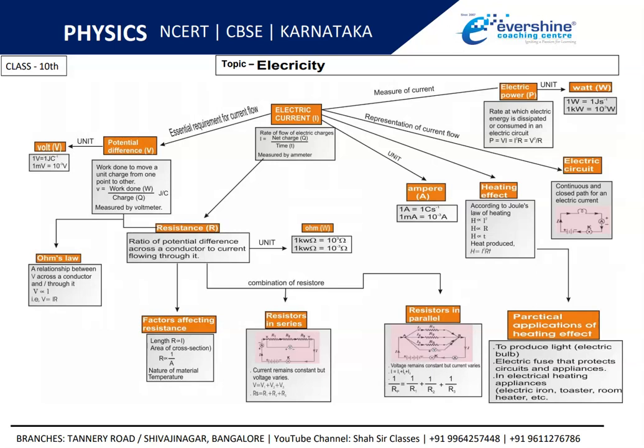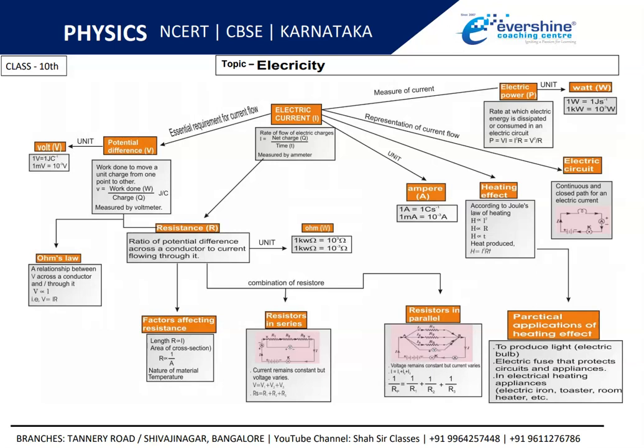Then after that we have the concept called resistance. Okay, so resistance we can define by using potential difference and current. By using these both concepts we can define resistance. What is resistance? We can see here, and they have given the unit also. And then we are going to study Ohm's law, and here the very important question is factors affecting the resistance.